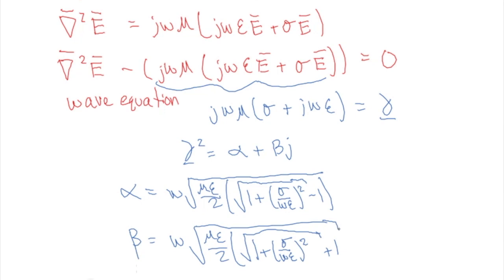And the only difference is the β is plus 1. So what we can notice is our wave number is now complex. It used to be just our β, but now we have a γ.